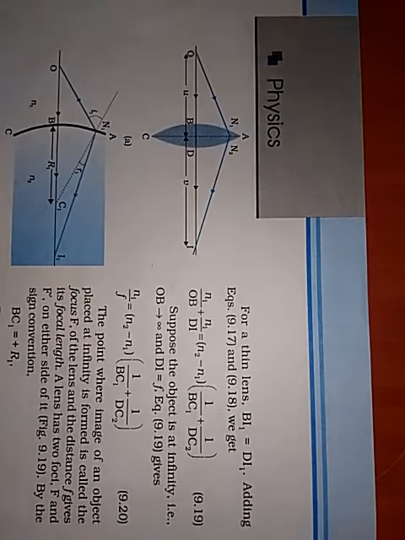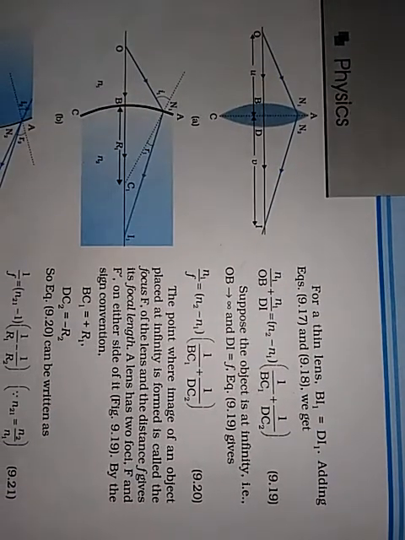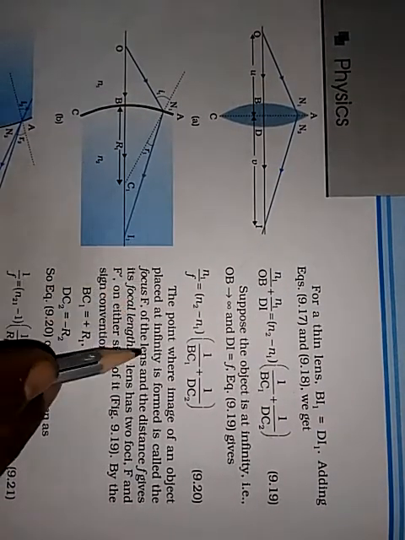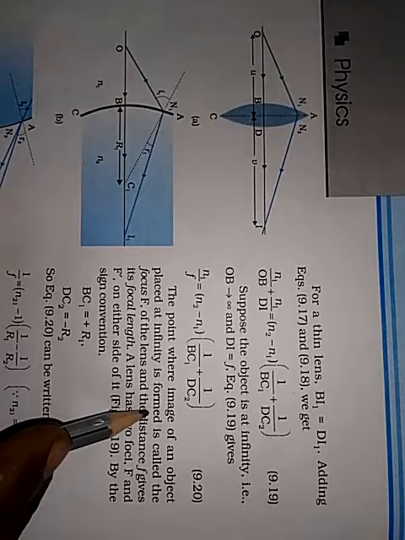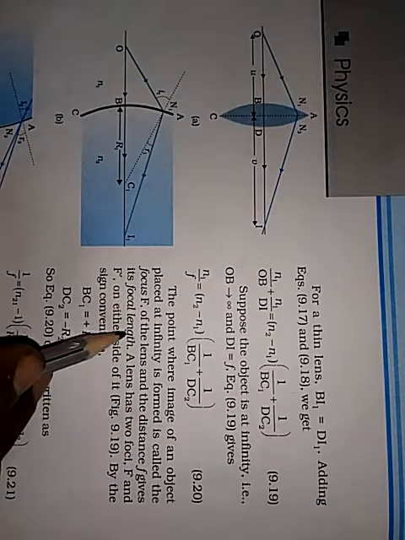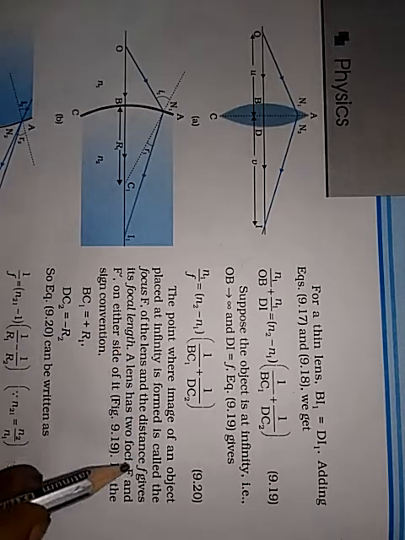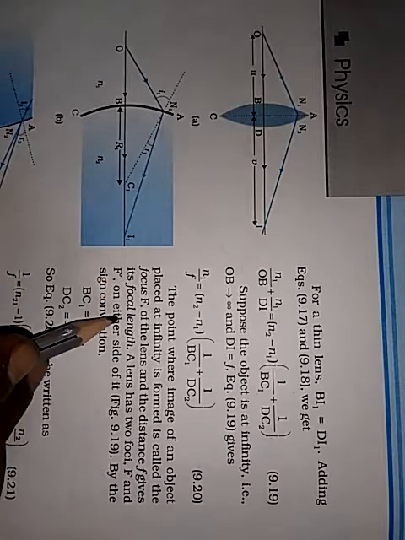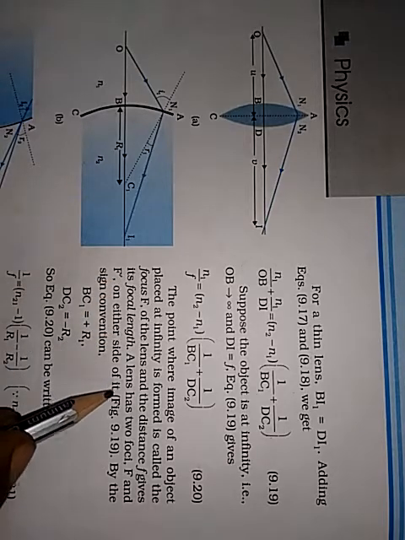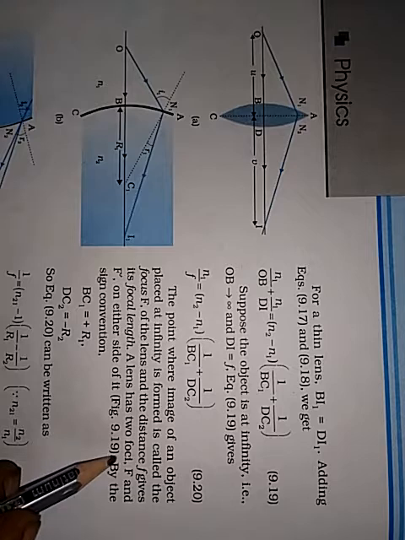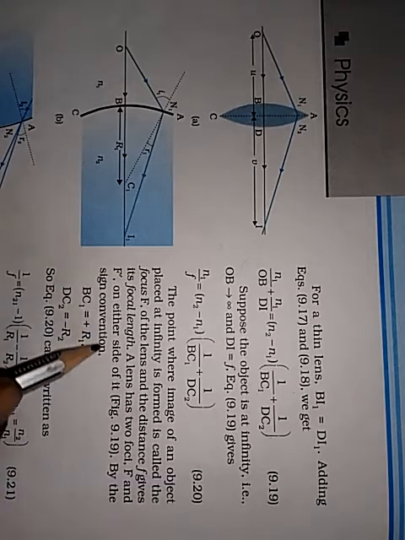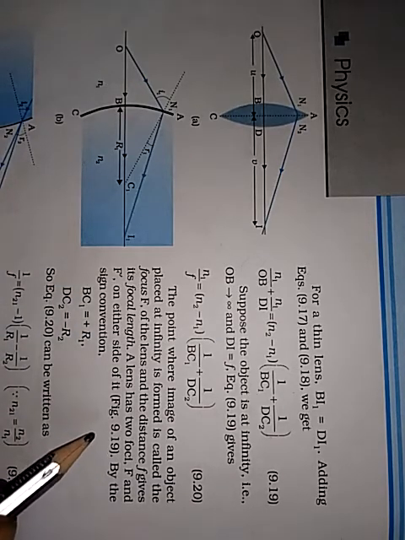Up to this is clear. The point where the image of an object placed at infinity is formed is called the focus f of the lens, and the distance f gives its focal length. This we know. A lens has two foci, f and f dash, on either side of it. Please refer to figure 9.19.